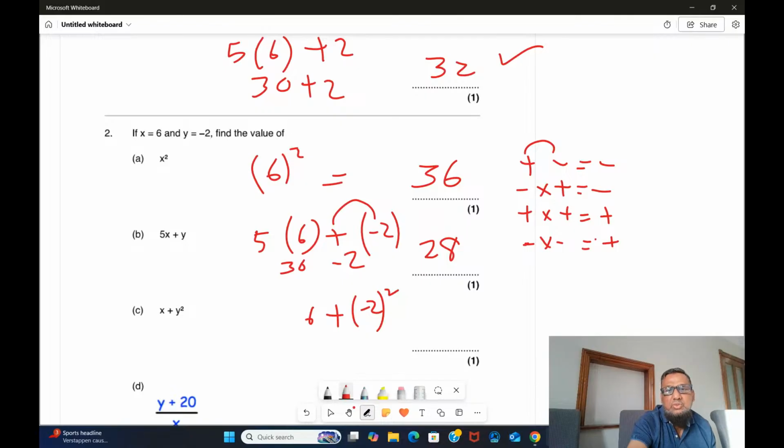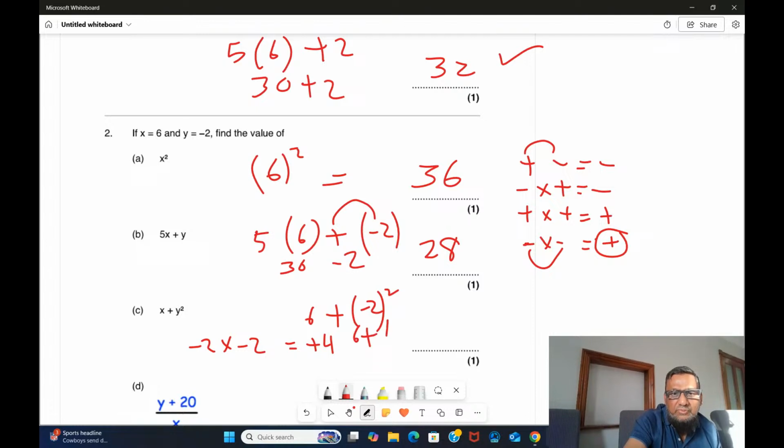So minus 2 squared is minus 2 times minus 2. When we multiply minus times minus, the sign is going to be positive, and 2 times 2 is 4. So your answer is 6 plus 4 equals 10.